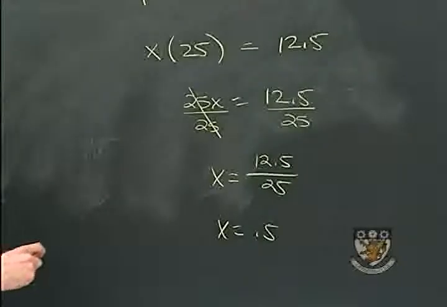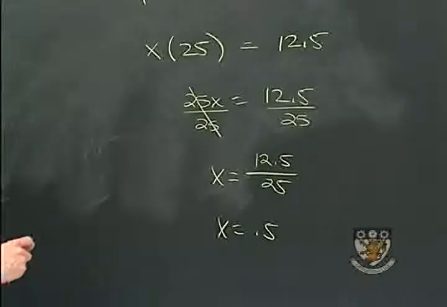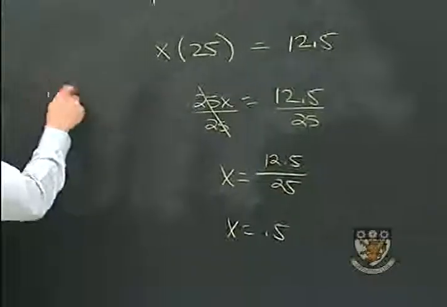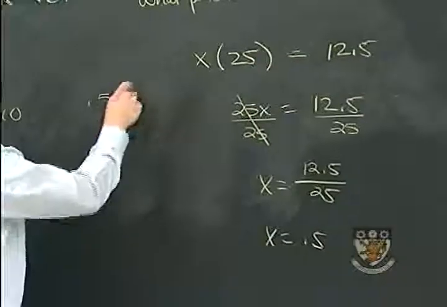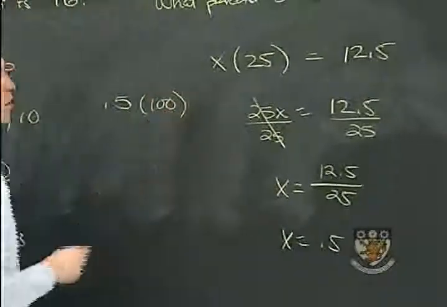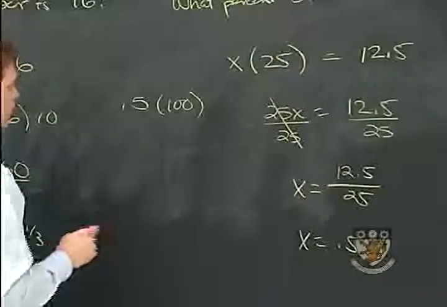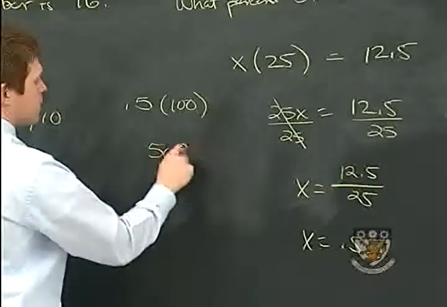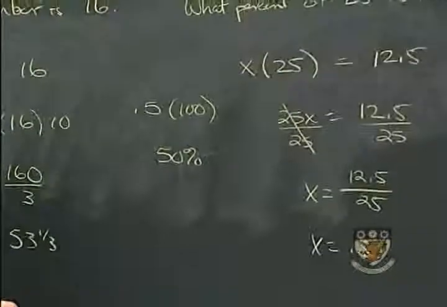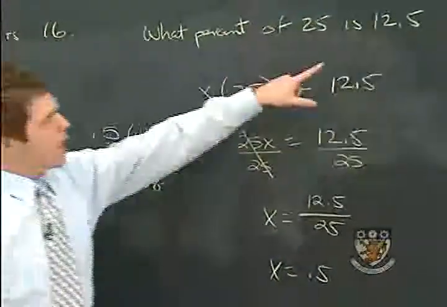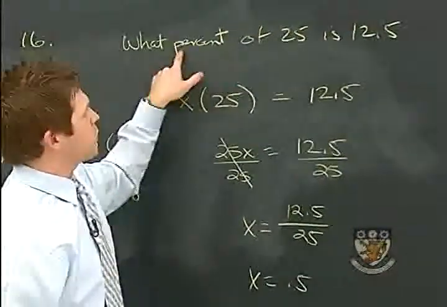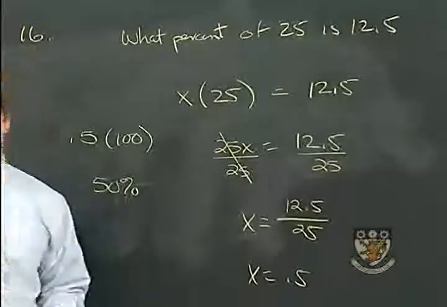Well, we've worked with it long enough to know now that 0.5, if I convert that into a percentage, multiply by 100, or the shortcut, moving it to the right 2 places, end up with 50%. So you would say 12.5 is 50% of 25.